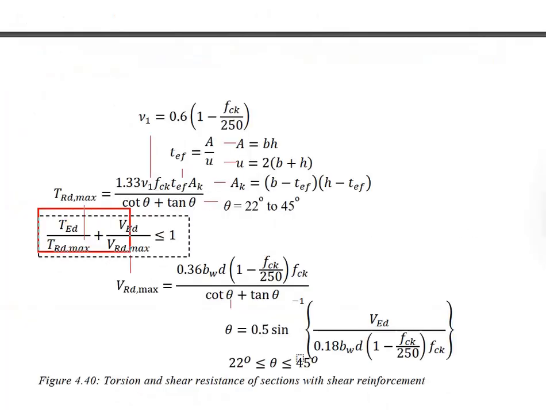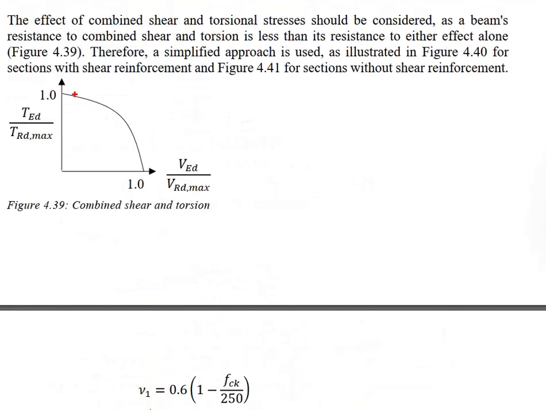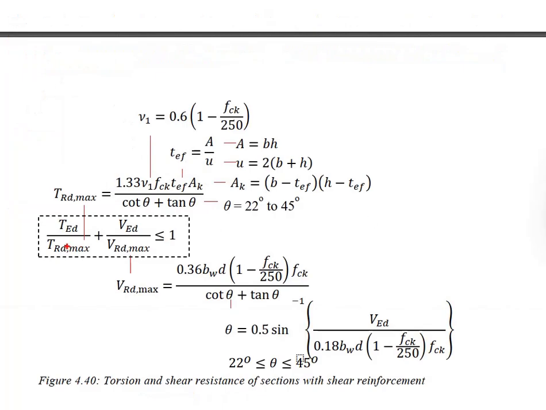Now, when you have both appearing concurrently, the summation of this cannot be more than 1.0. These are representing any point in between. Let's say now you use up 10% of the torsional capacity, then you have 90% room for the shear. Let's say now you have used up 70% of the torsional moment capacity.